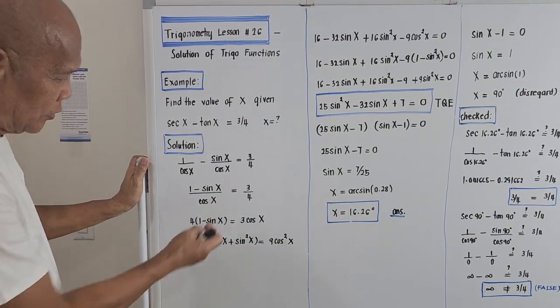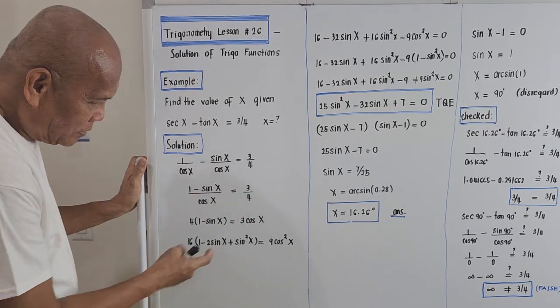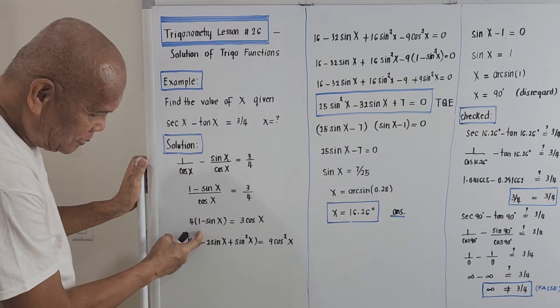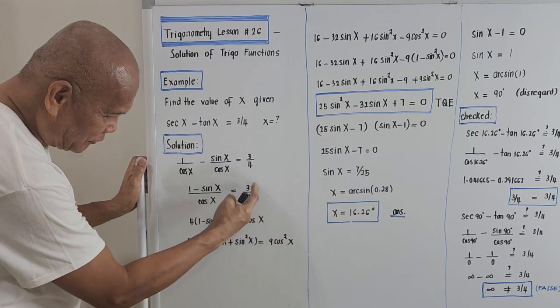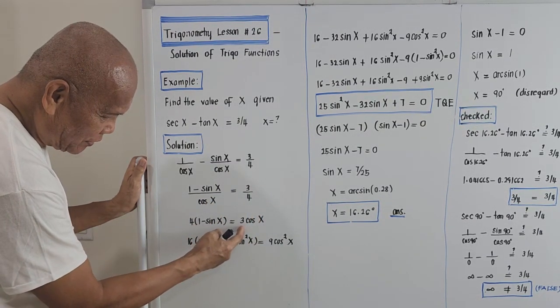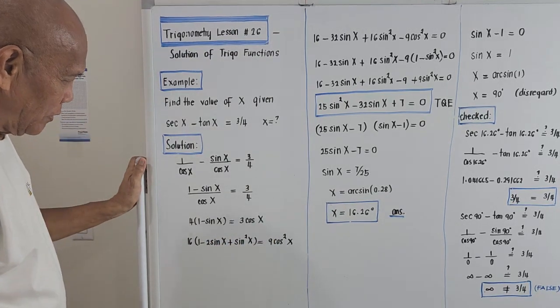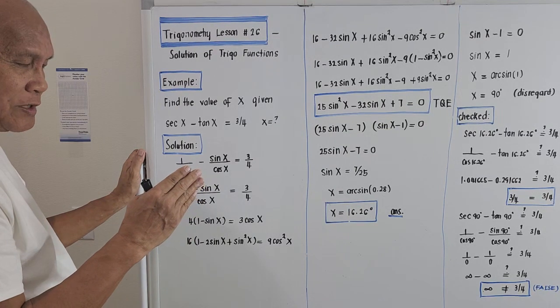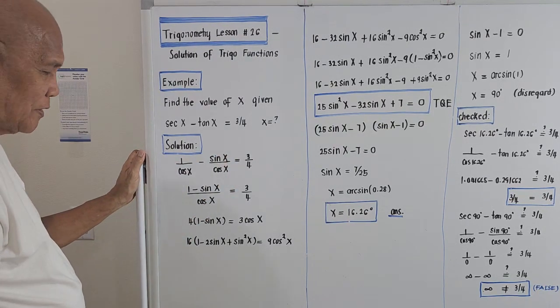We cross multiply this one, so 4 multiplied by 1 minus sine of x will be this, and the right hand side will be 3 times cosine of x. This is 3 times cosine of x. Let's square both sides.